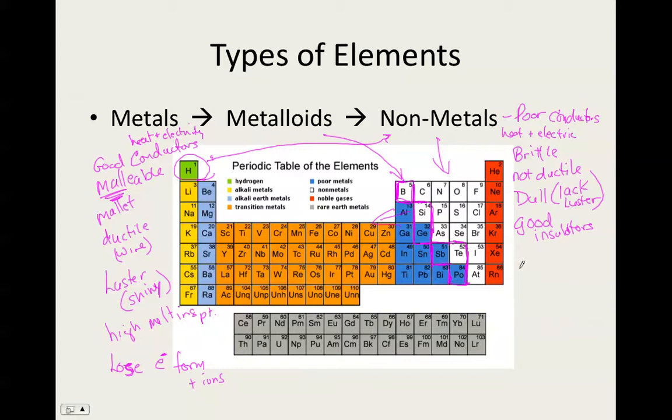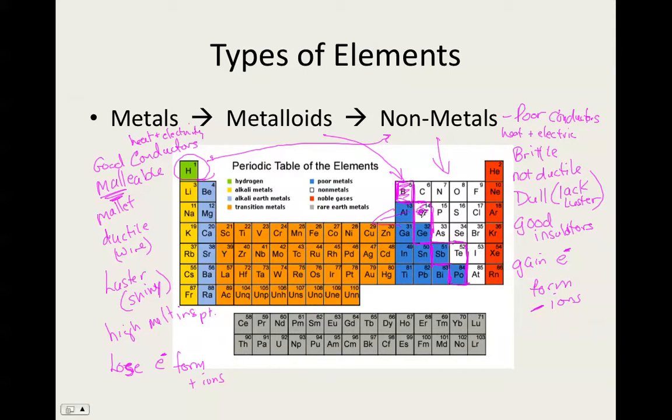Okay? Now, nonmetals like to gain electrons. Okay? And that causes them to form negative ions.